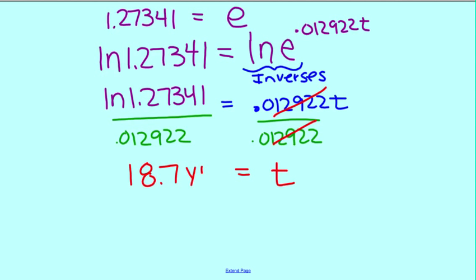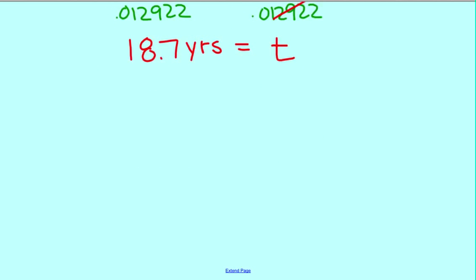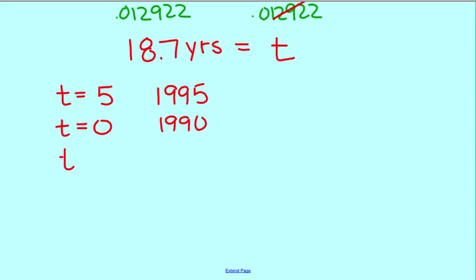What that represents is years. Now we need to answer the question. If you remember, t equals 5 is 1995. If t equals 0, then it's 1990. Our t is going to be 18.7 years.